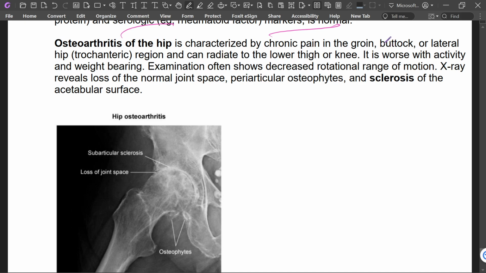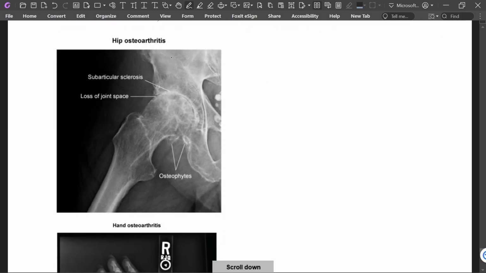Osteoarthritis of the hip is characterized by chronic hip pain in the groin, buttock, or lateral hip, and it can radiate to the lower thigh or knee. It is worse with activity and weight bearing. Examination often shows decreased rotational range of motion. X-ray reveals loss of normal joint space, periarticular osteophyte, and sclerosis.